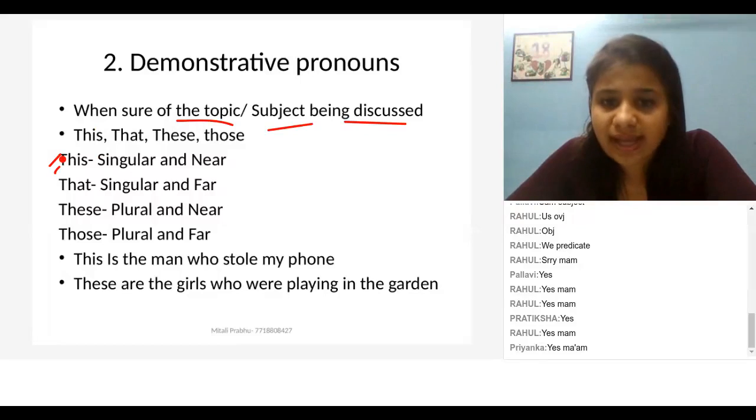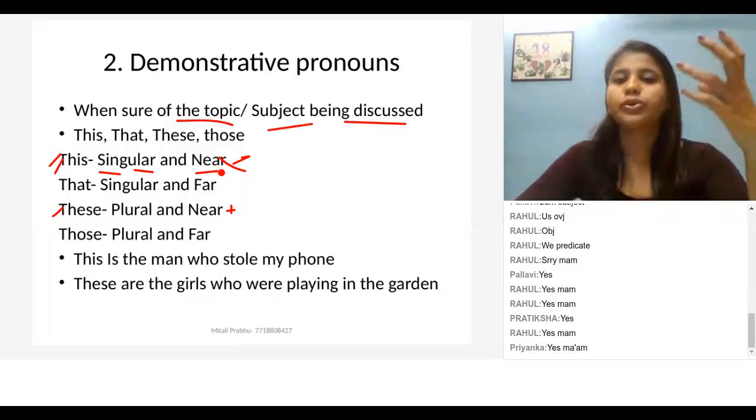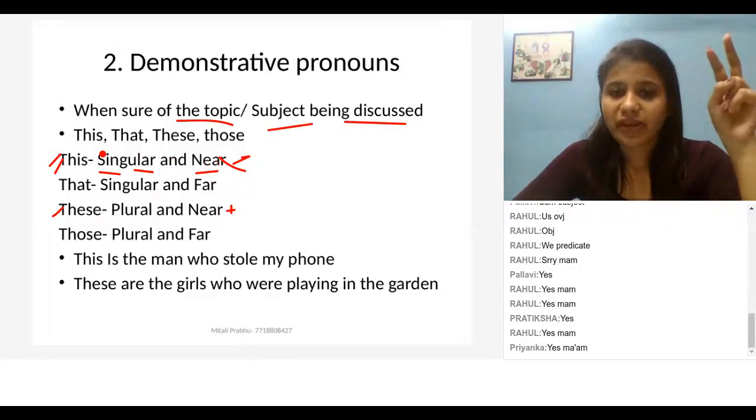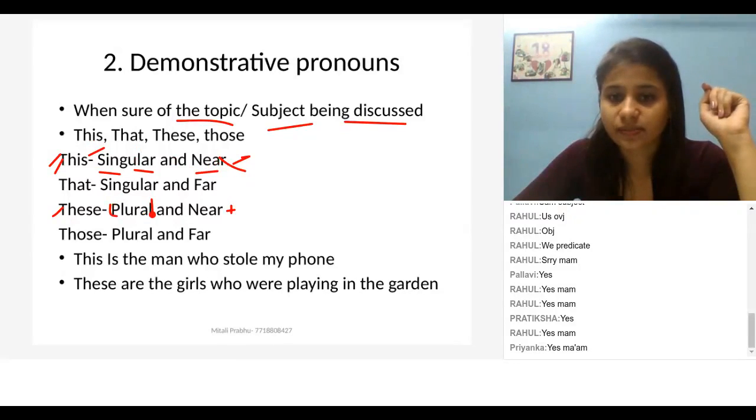So when to use this and these? This is very important. Whenever your noun is singular and it is close to you, you use "this". Whenever it is plural, you use "these". When it is near to you, you will use this.